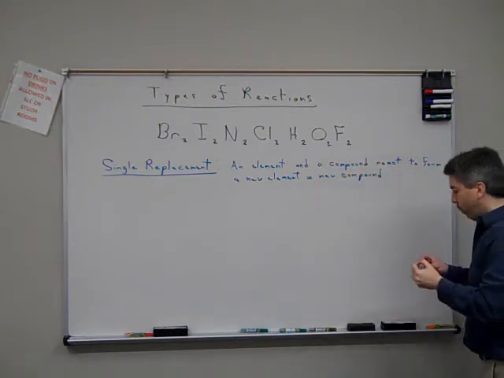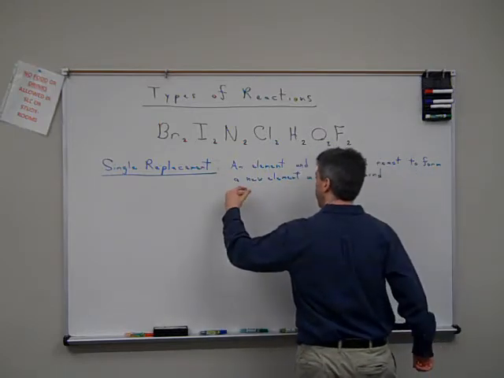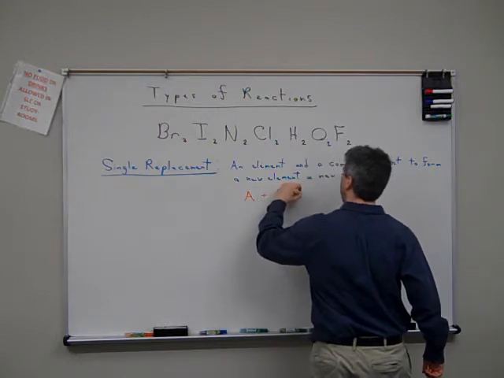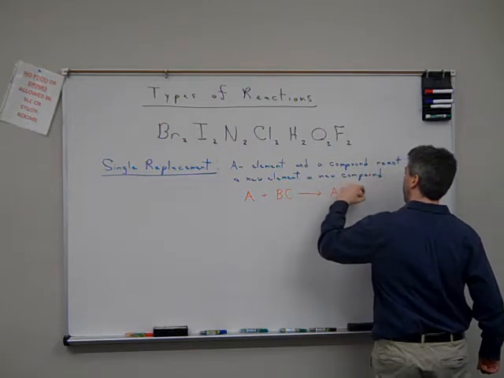So, the general form of this is basically A reacts with BC to form AC plus B.